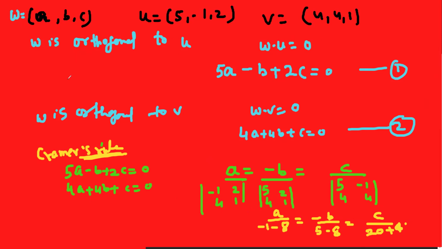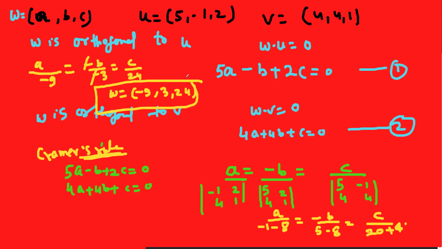So you will get minus 9, minus 3, 24. The minus cancels. W will be A equals minus 9, 3 and 24.